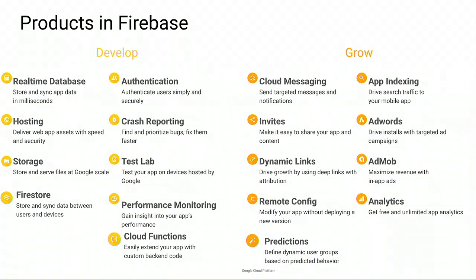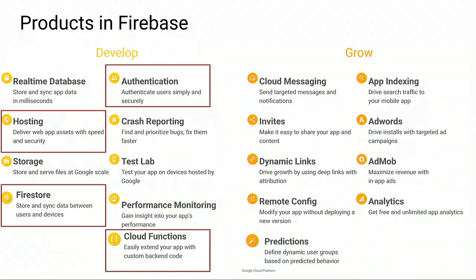Now, the title of this talk was IoT and Firebase, which is actually a very large suite of products and services, and we're certainly not going to cover them all today. A number of these services also have dual representations in both the Firebase experience and the GCP experience. The ones we're going to touch on are authentication, hosting, Firestore, and cloud functions.